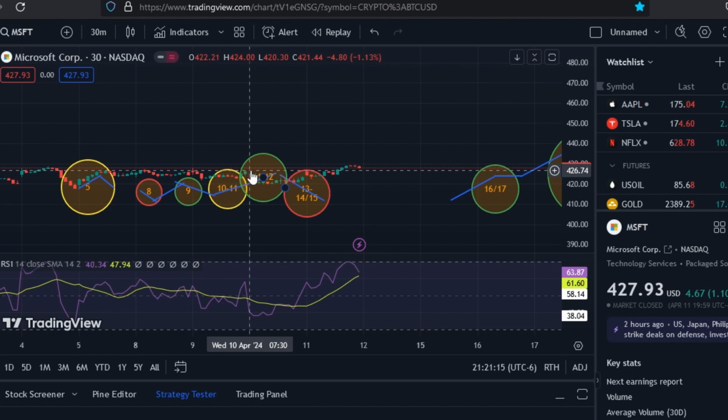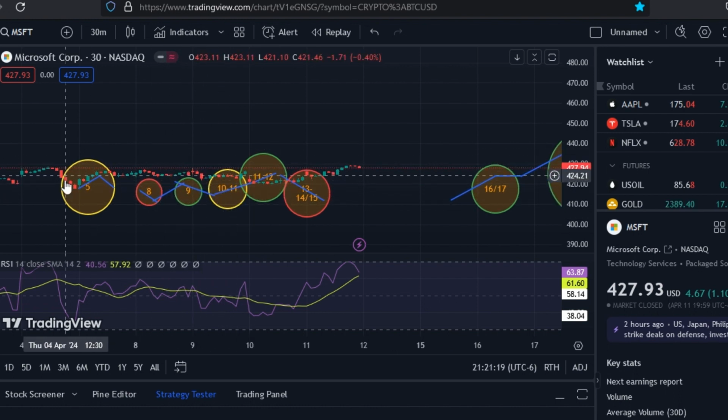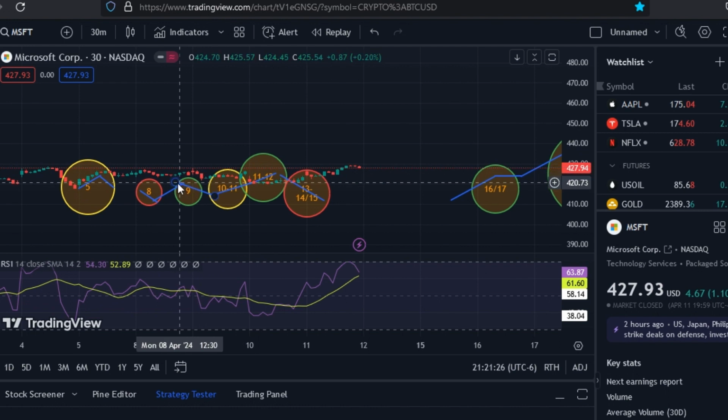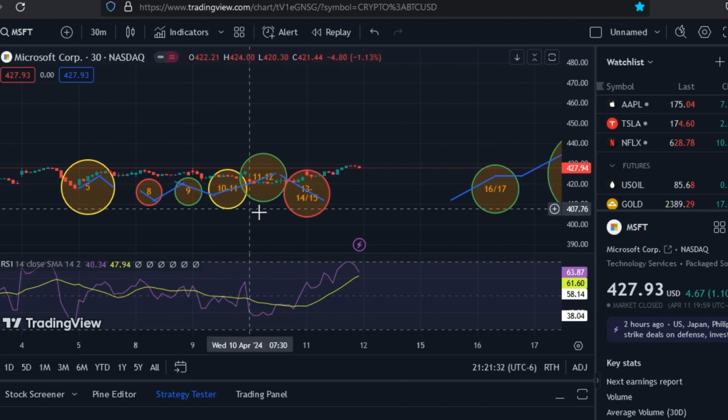Now let's see what happens on April 10 or April 11. Right here, the yellow circle, which I was expecting, meant that on either of these two days there would be a volatility or a range.